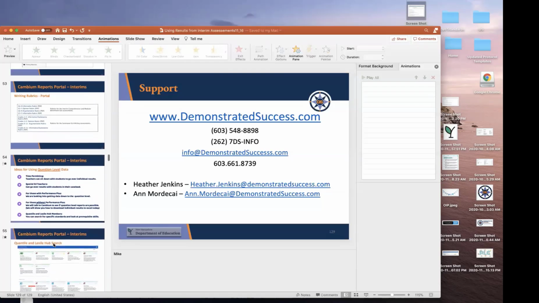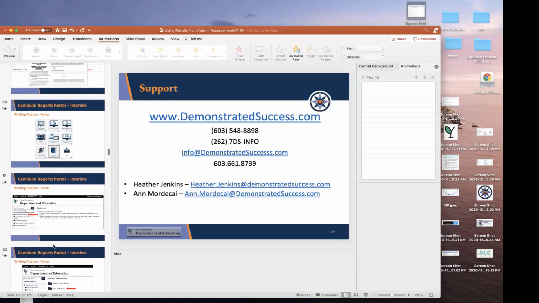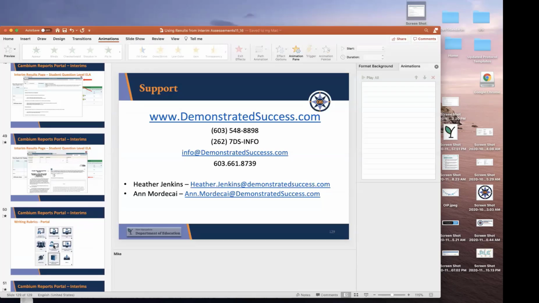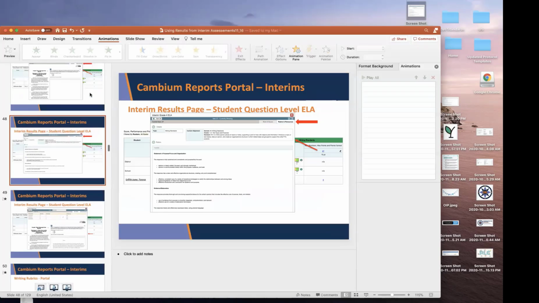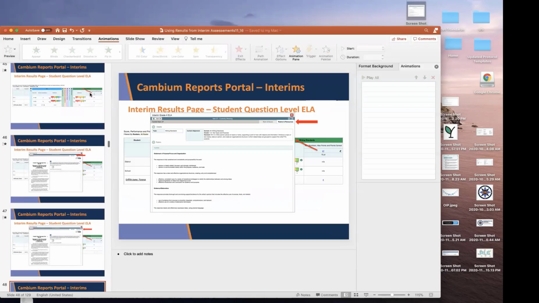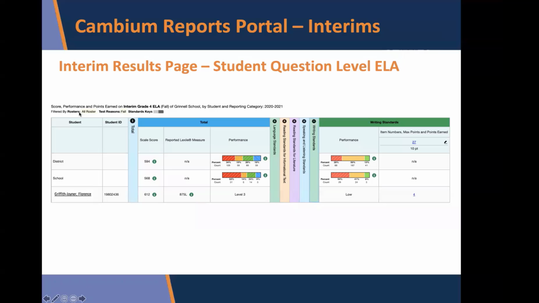So if I'm going down here, you can see I'm down to the specific student and I have the writing standards. If this was a full screenshot, you would have that print button here.